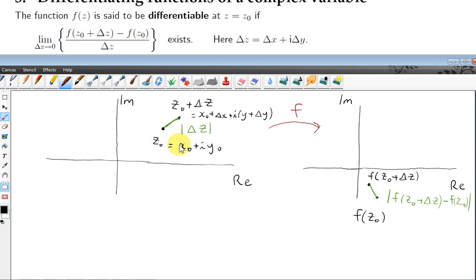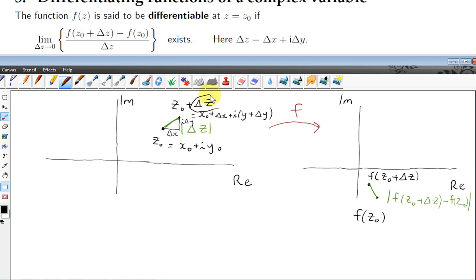Let's suppose that z0 is called x0 plus i y0. So x0 and y0 are fixed values for the real and imaginary parts of the complex number. If we're adding on delta z, well, we could think of that as adding delta x onto the real part of the complex number, and i times delta y is added onto the imaginary part of the complex number.